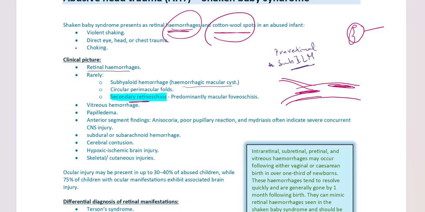In the old age group, this is degenerative retinoschisis, and this is not secondary.